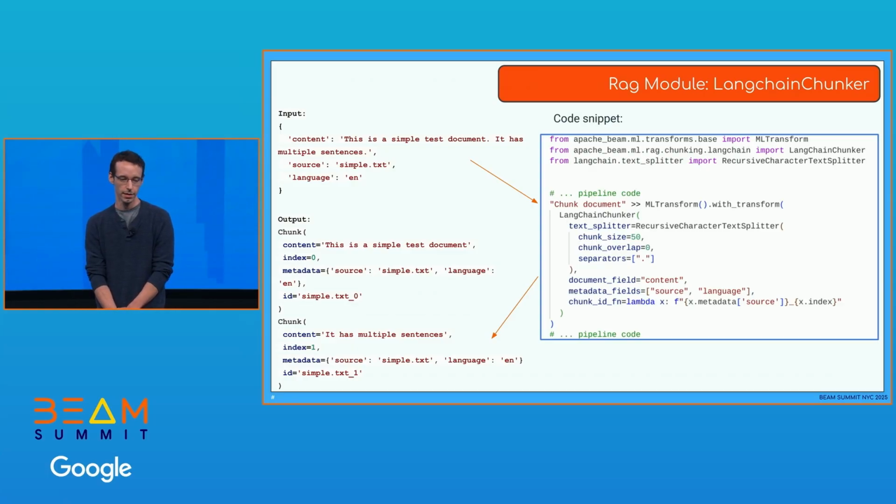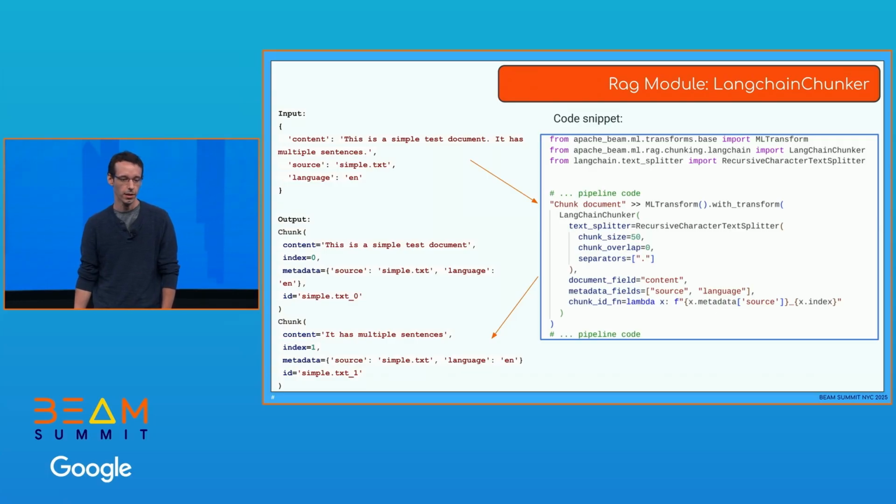So here's a pipeline snippet of how you can use it. Let's say the input is a document where content contains two sentences. There's some metadata like the source of the file, the language. Now we import the LangChain text splitter we want to use here, recursive characters text splitter. We configure it. We say the chunk size should not exceed 50.